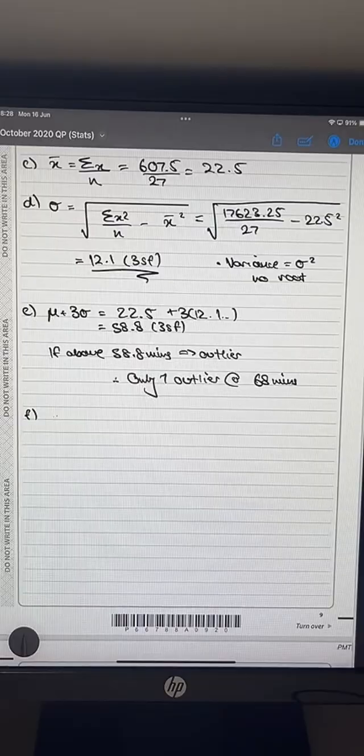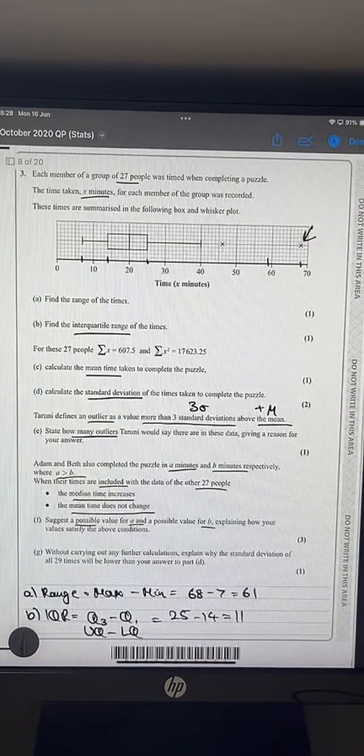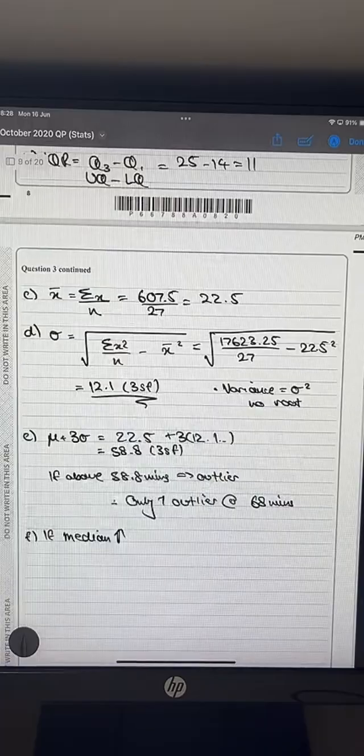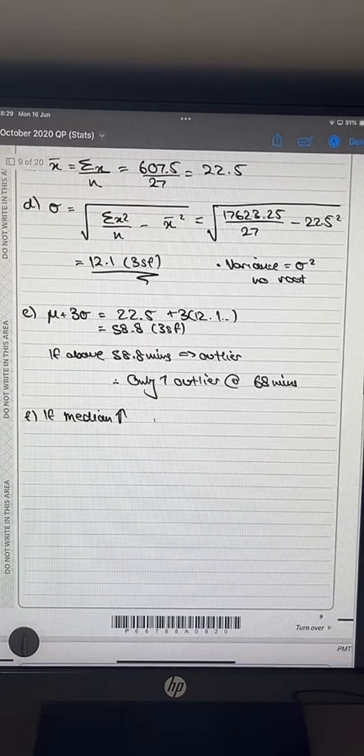So they tell me that the median increases. So if the median increases, what is the median currently? The median is at 20. So if you add their times in, A and B are both greater than 20, right? To shift the median upwards to the right. So that's one fact.